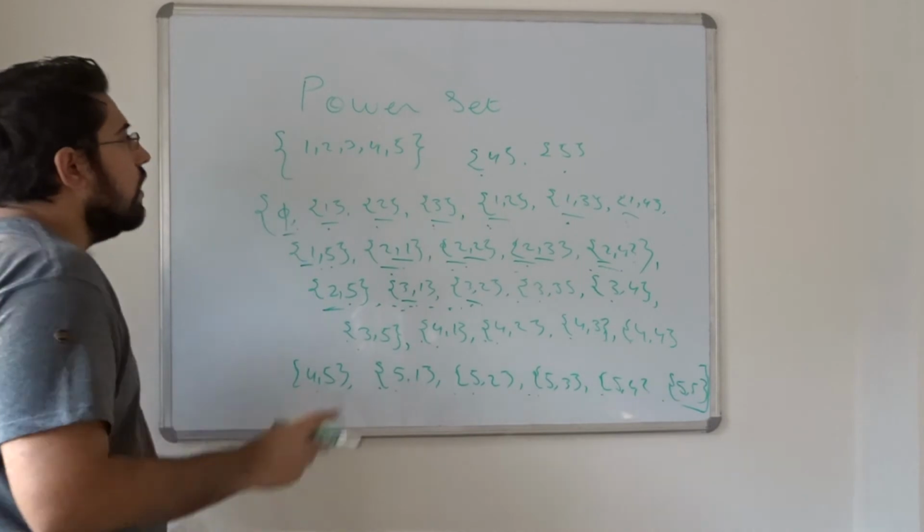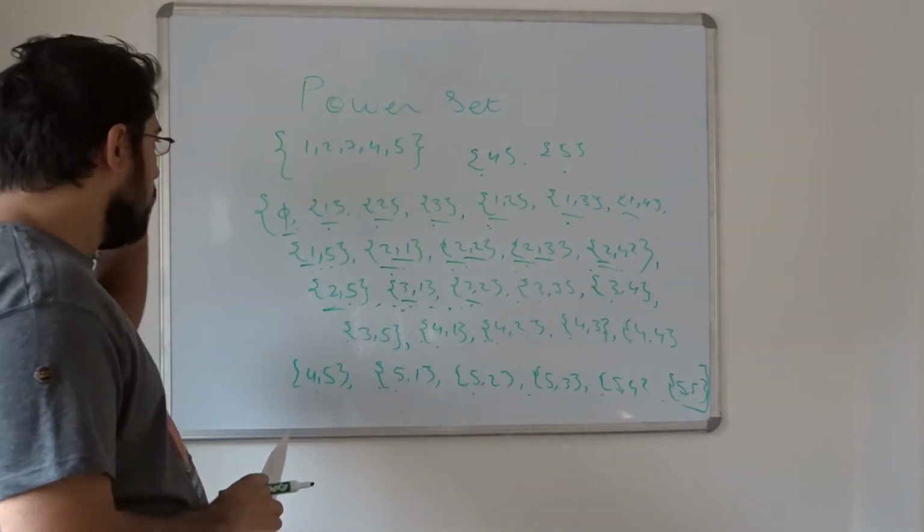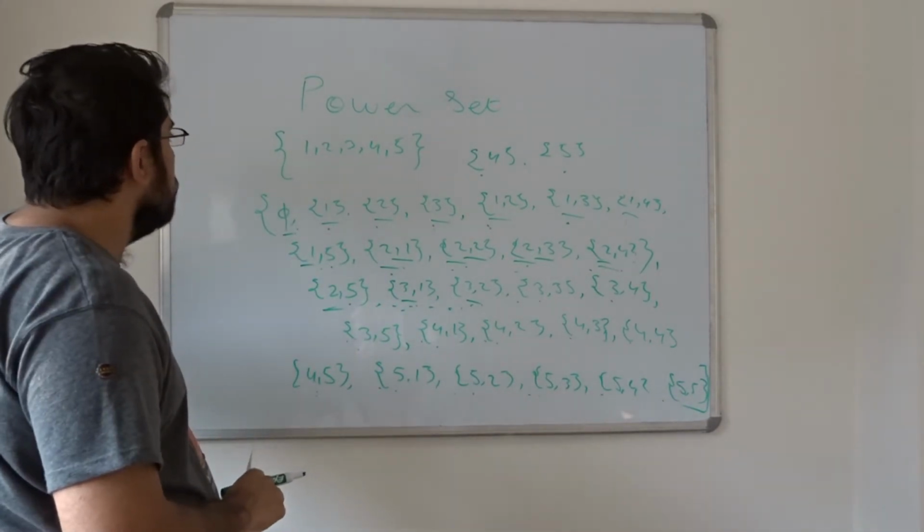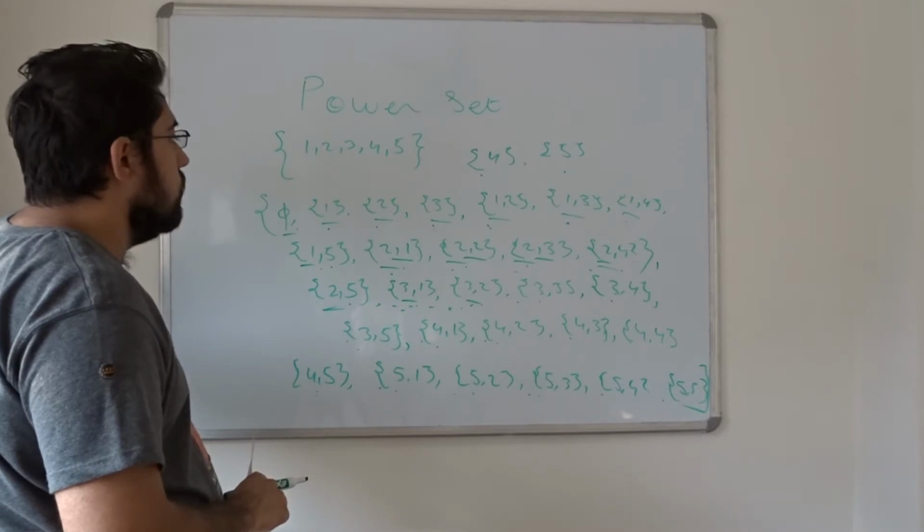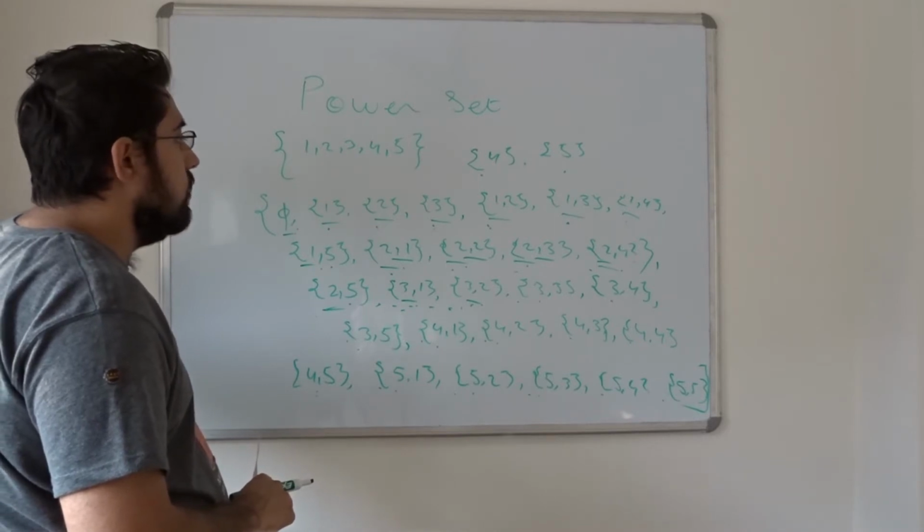So there are 2 elements which are missing. 2 elements. Which ones are they? That's the one that we really need to know.